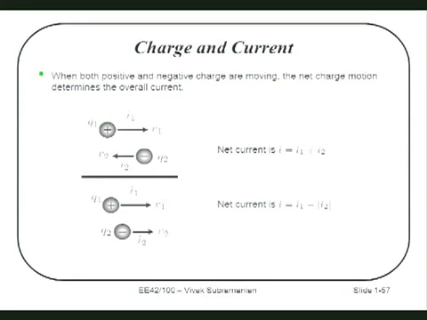What is the actual current? It's roughly 4 charges per second. That's the number. Why is that? Because they are going in opposite directions, but the charges are opposite as well.